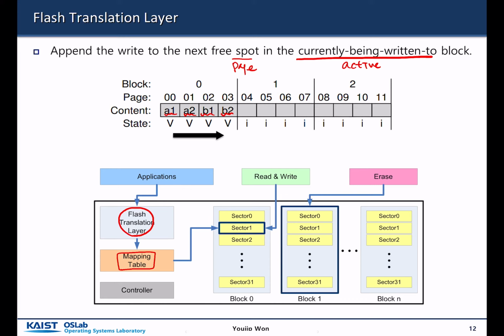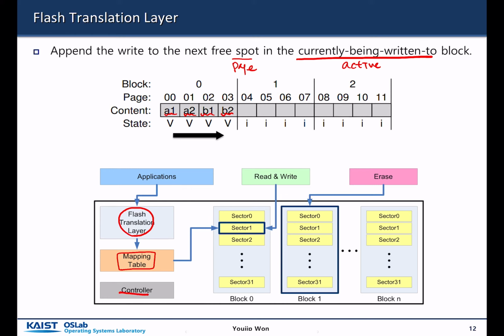That is the same for the mapping table. When a host requests a certain logical block number, the mapping table contains the information about where the physical location of the given logical block address is.